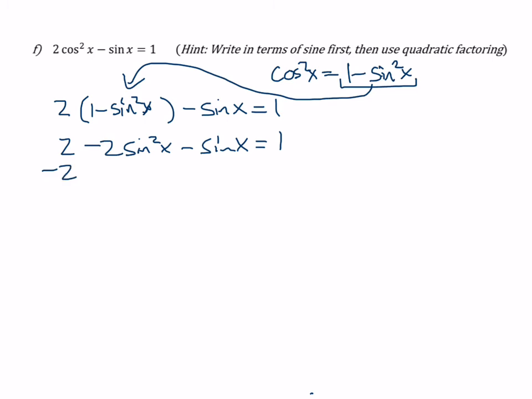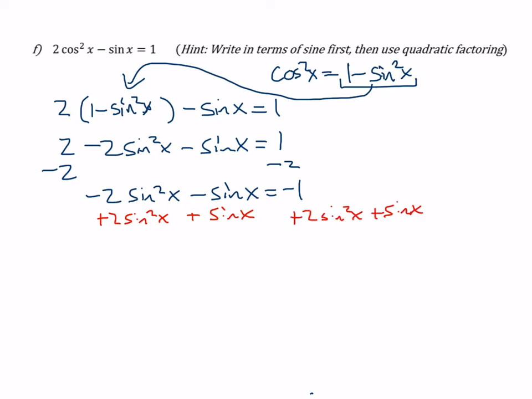So let's subtract 2, and we get negative 2 sine squared x minus sine x equals negative 1. And now let's move them over to the right so we can make them positive. Let's add 2 sine squared x and add sine x, and we end up with 0 equals 2 sine squared x plus sine x minus 1.